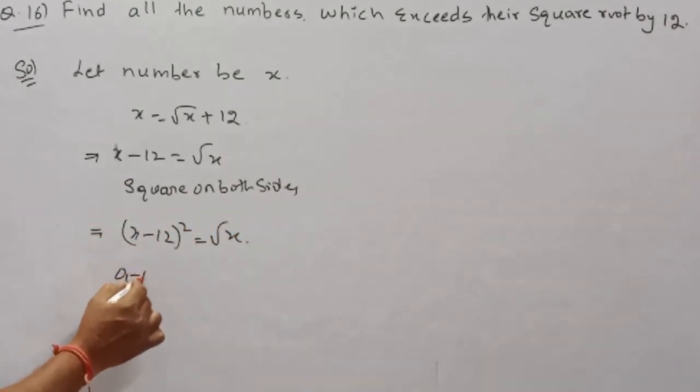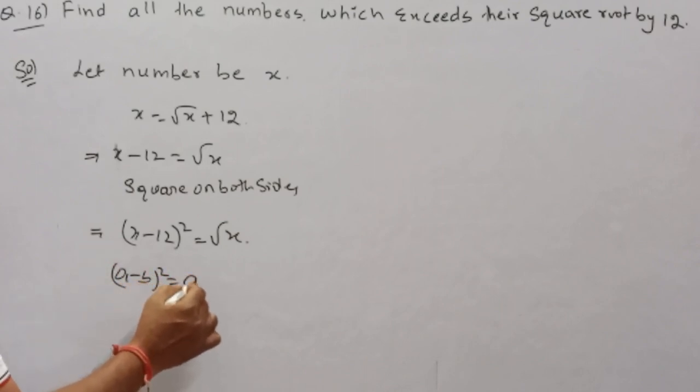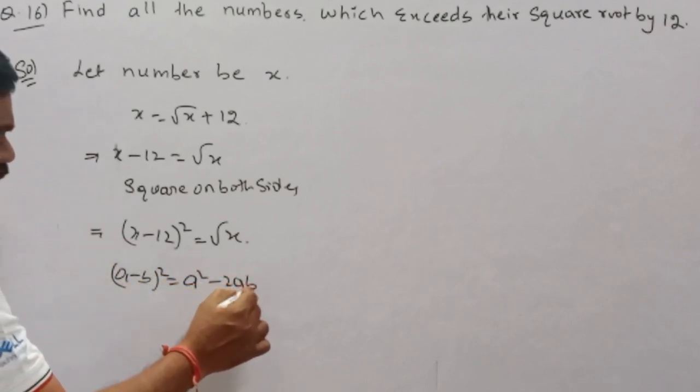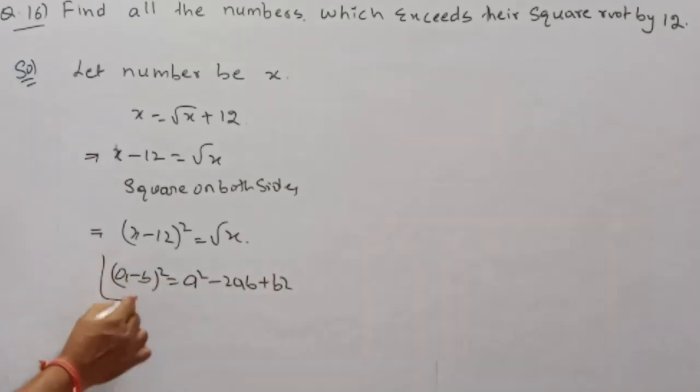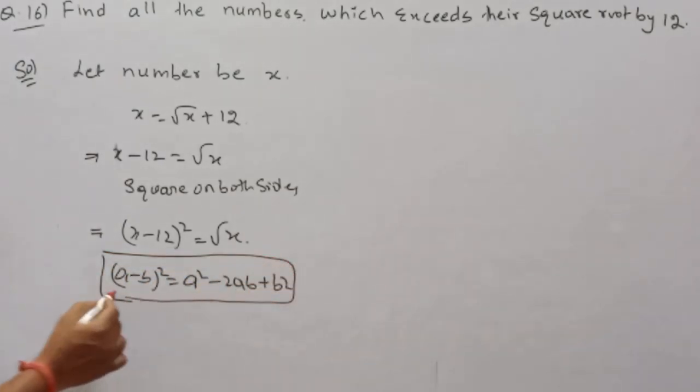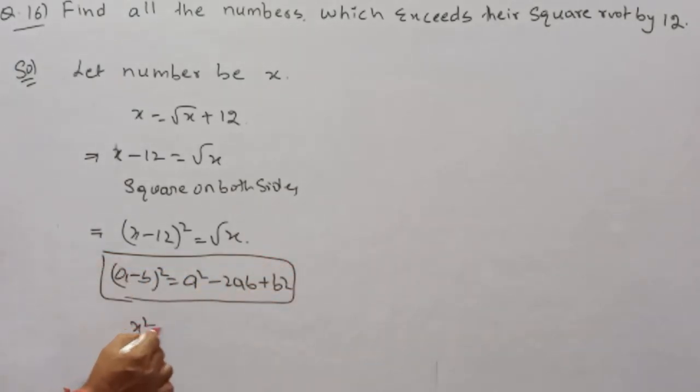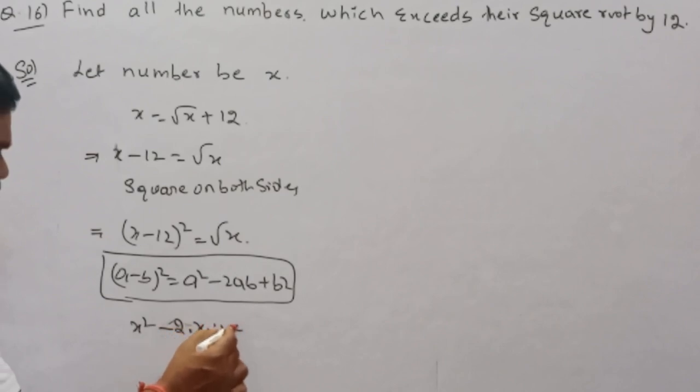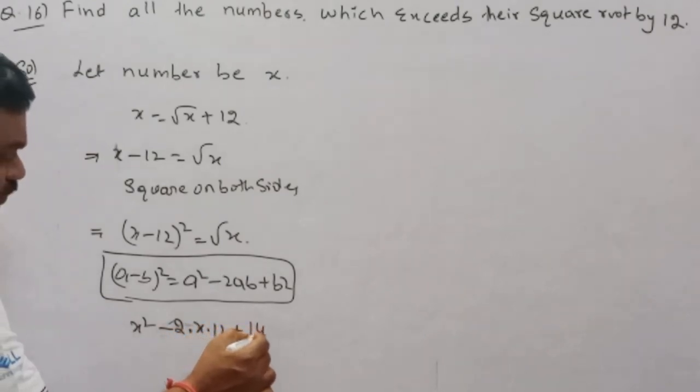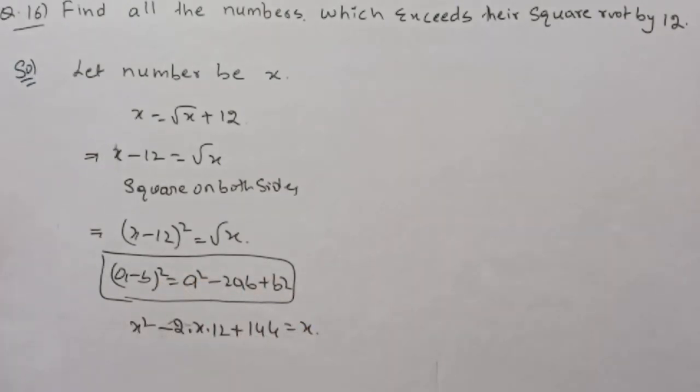This is in the form of a minus b whole square, which is a square minus 2ab plus b square. By using this formula, this is x square plus 144 minus 2 into x into 12, plus 12 square, 144, is equal to x.